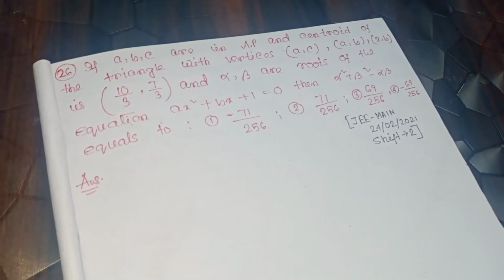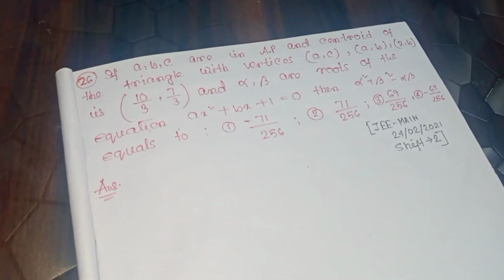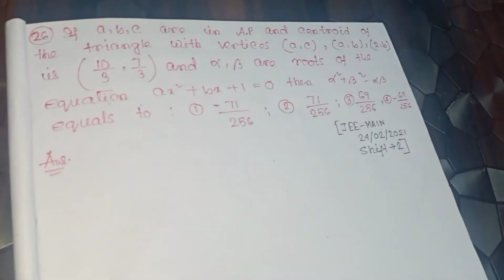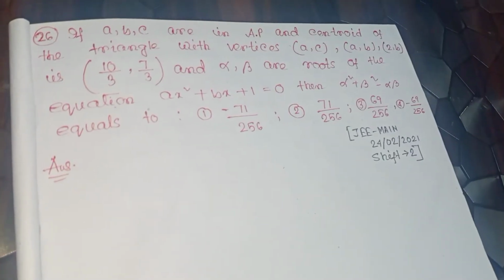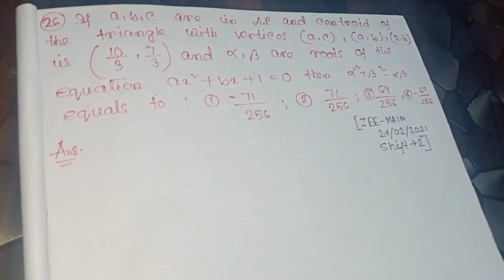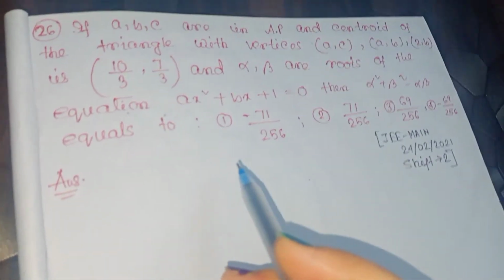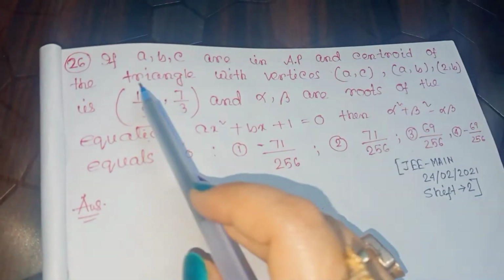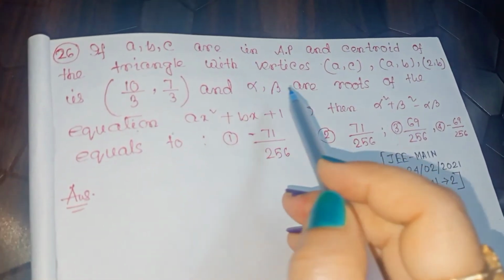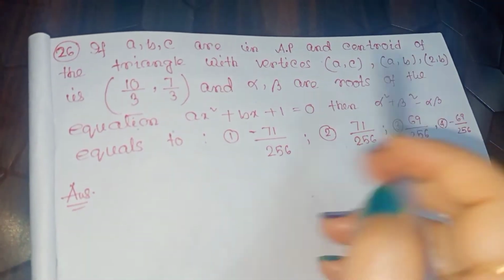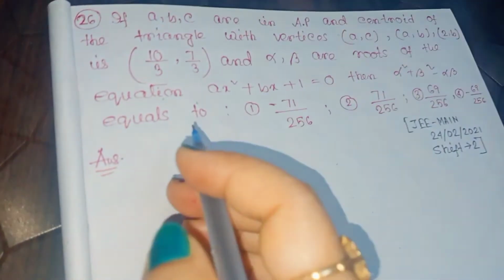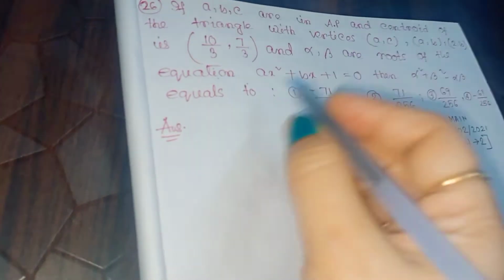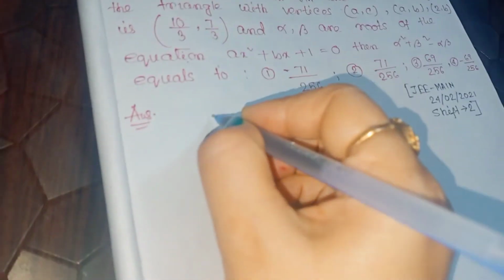So this is a question in the house of quadratic equations and it's a memory based question. At first, given that A, B, C are in AP and the centroid of the triangle with these vertices.